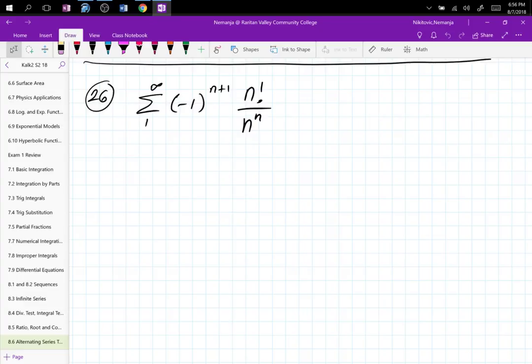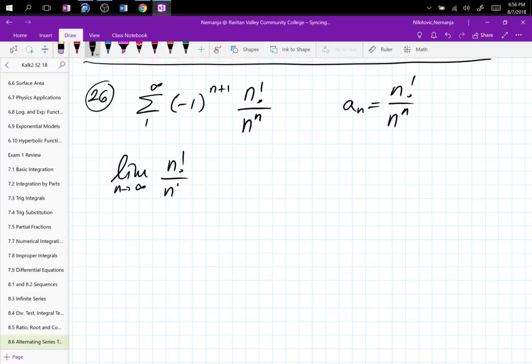So we first see that we have our a_n, which is n factorial over n to the n. The limit as n goes to infinity of n factorial divided by n to the n is equal to 0, because the function n to the n grows much faster than the factorial function.